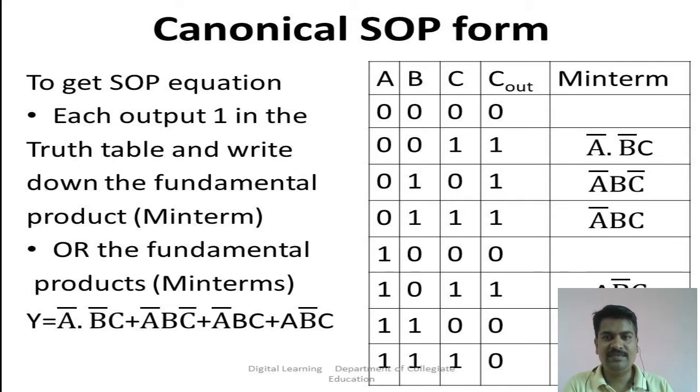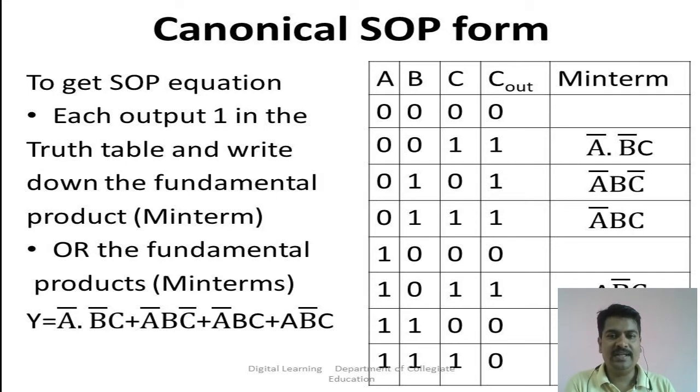The first step is to find each output 1 in the truth table and write down the fundamental product for each output 1. For that combination of inputs, write the minterm. After writing the fundamental terms, do the logical addition, the OR, of all the fundamental terms, or minterms.